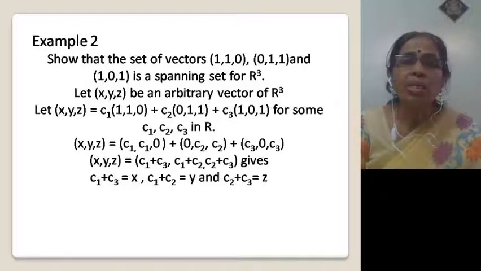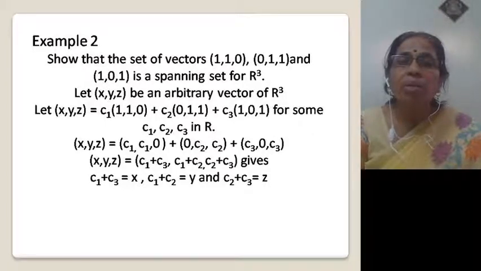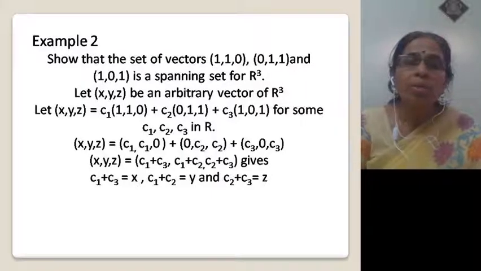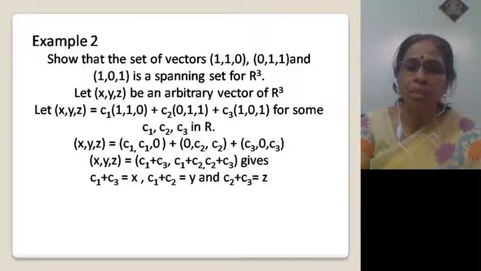Thus we get x, y, z is equal to c1 plus c3, c1 plus c2, c2 plus c3, which gives c1 plus c3 equal to x, c1 plus c2 equal to y and c2 plus c3 equal to z.